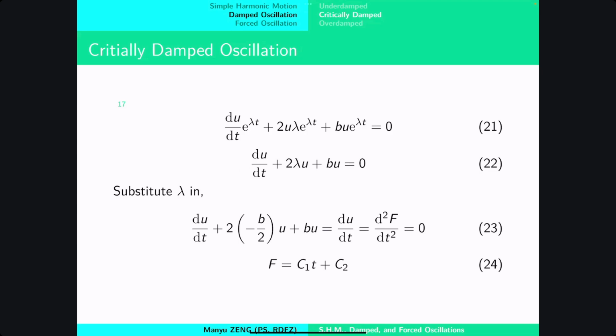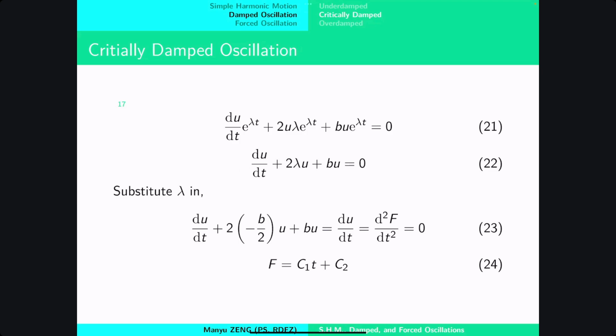So remember the definition of u is df over dt. So d squared f over dt squared is zero. So integrate both sides twice, and we get f equal to c1 t plus c2. So f is any function that is linear. So actually, f already contains two arbitrary constants.